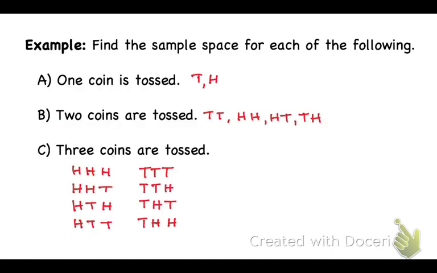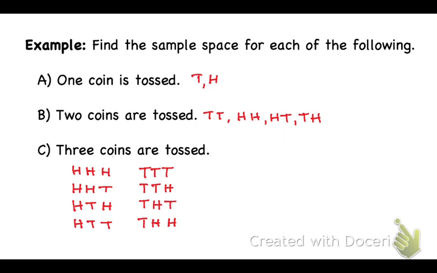So if I go back here and ask you, what is the probability of throwing 3 coins and getting 2 heads? How many options is that? 3 of them, out of 8.